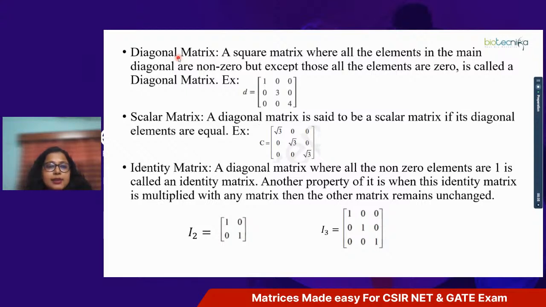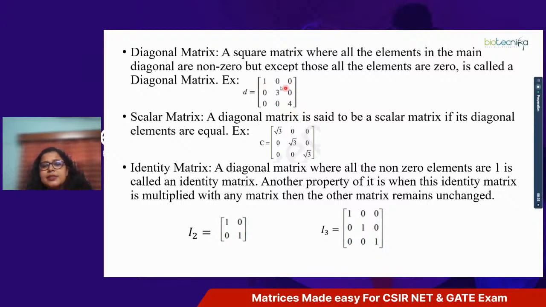So a diagonal matrix means that the elements along the diagonal of this square matrix are non-zero. A square matrix where all the elements in the main diagonal are non-zero. Here we have to keep in mind that it should be the main diagonal. Now what is a main diagonal?